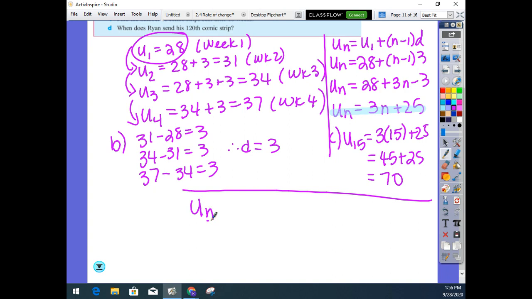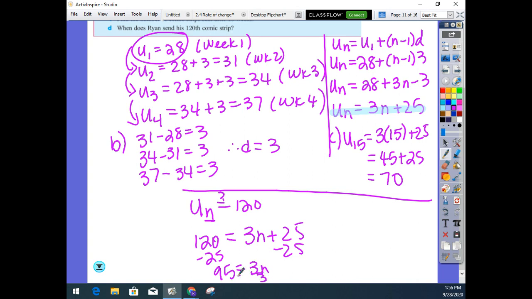What is n when u sub n is 120? Okay, so 120 equals 3n plus 25. So subtract 25: 95 equals 3n, divided by 3, and n equals 31 2/3, just in time.